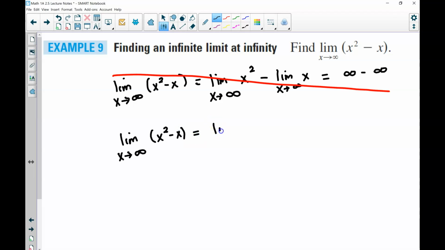So we can say that the limit as x approaches infinity of x times x minus 1 would then equal positive infinity, because both x and x minus 1 become arbitrarily large.